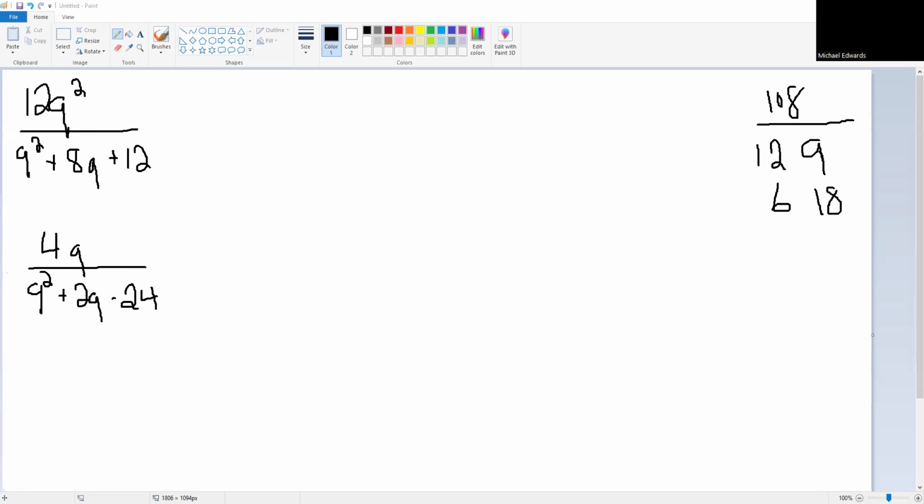Would that work to get us 8? Nah. So we need to keep looking. 8 divided by 14? No.